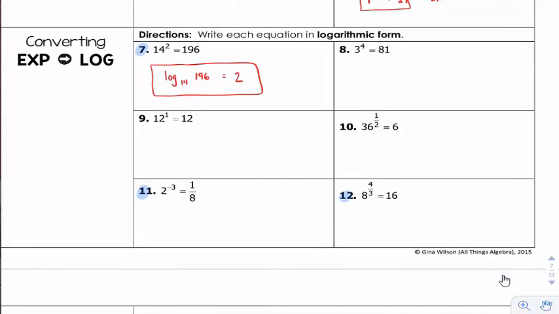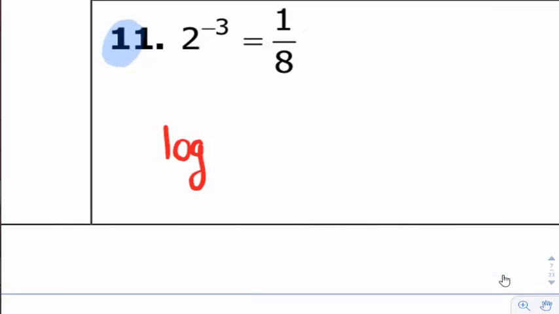Moving on, number 11. A few things you have to know for this one. You got your log. I'm going to zoom in now on that. So you got your log. Remember, your base is going to be the same as the base of the exponent, so it's still log base 2.